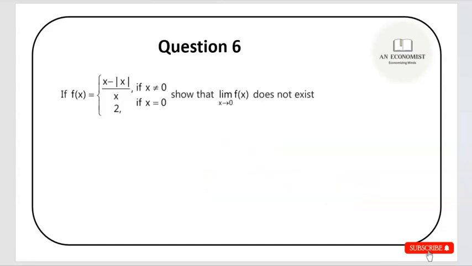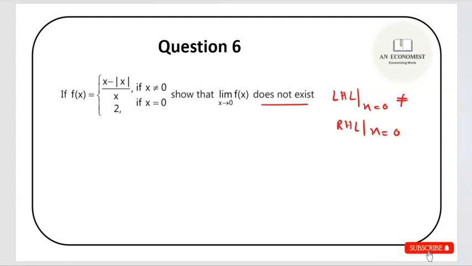Let me do another question. Here you have this. Again, it is in the 0 by 0 form if you observe carefully. And you are told to show that limit x tends to 0 f of x does not exist. Now, what is the condition for that? The left hand limit at the point x equals to 0 is not equal to the right hand limit at x equals to 0.